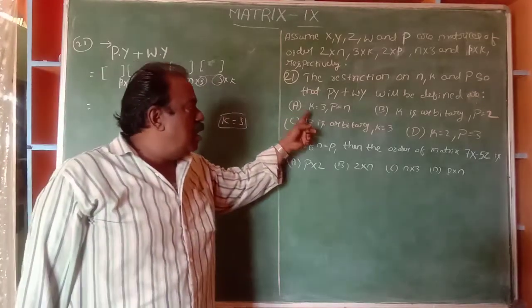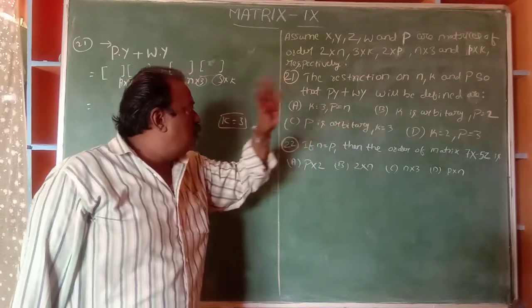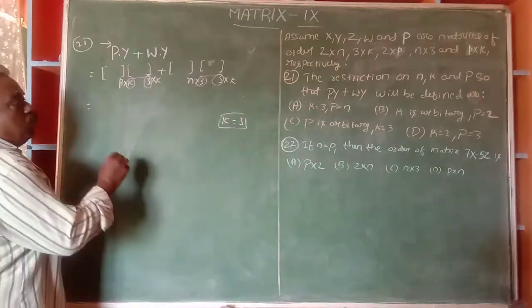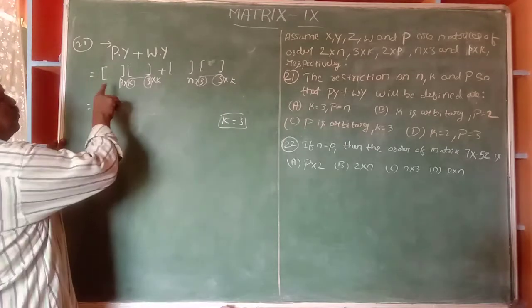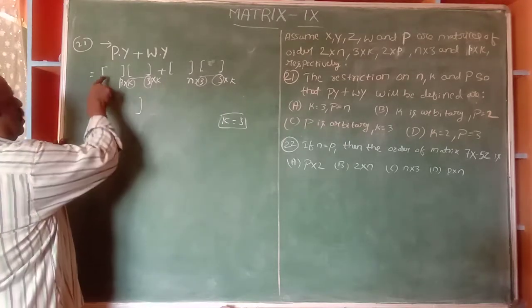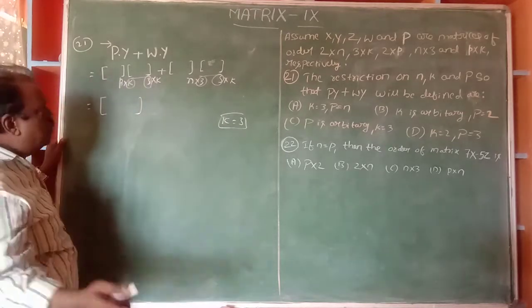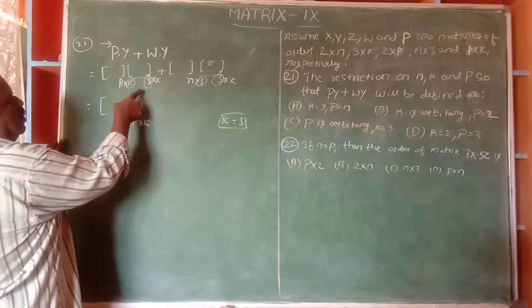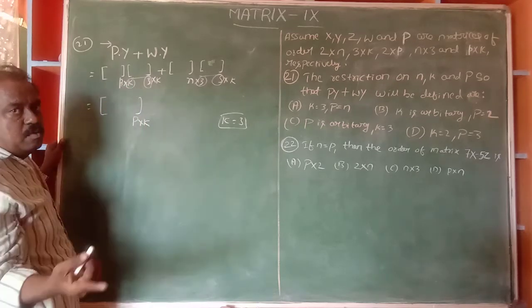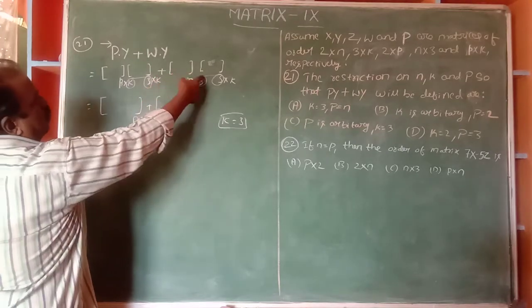Options A and C both say k is equal to 3, so we need some more factors.